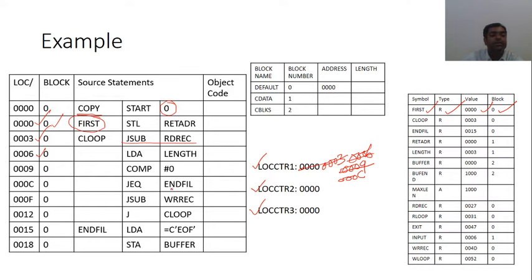This is also format 3, so the next value becomes 000F. Also format 3, the next value becomes 0012. Also format 3, the next value becomes 0015, the updated value of this location counter.